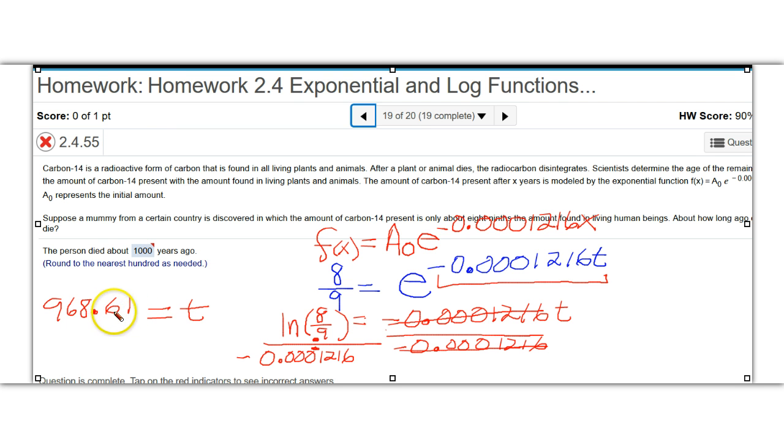Now I've rounded it to the hundredth, and there were some more values, so this is actually approximate.